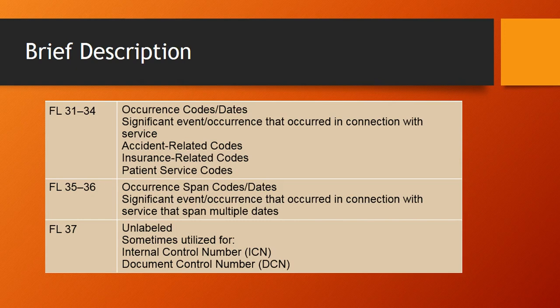So if a patient had physical therapy for a certain amount of time, we'd put the beginning date and the end date. So hopefully that'll kind of make sense as we go along. FL37, this is unlabeled but sometimes utilized for internal control numbers and document control numbers.